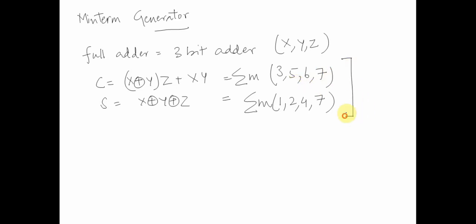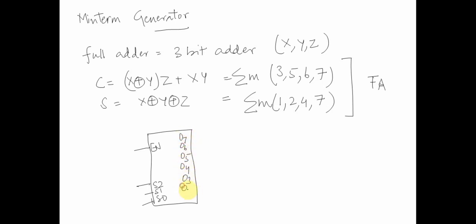Basically this full adder circuit we can implement using a decoder. And how do we do that? Let's assume that we have a 3:8 decoder over here. We have S2, S1, S0, then we have an enable signal, and then we have outputs O7, O6, O5, O4, O3, O2, O1 and O0, correct?